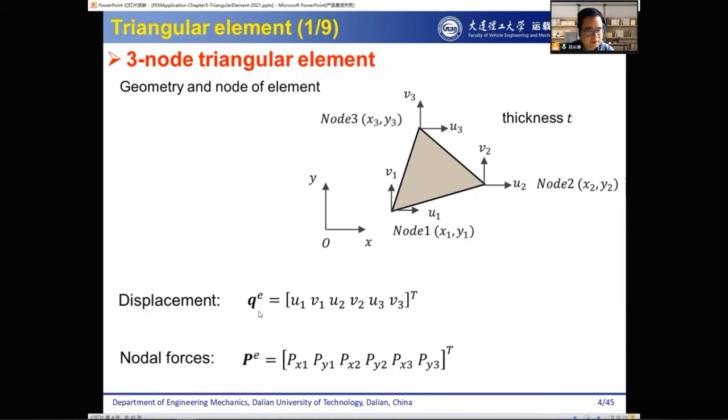It has 6 components, which are the degrees of freedom of each node. And the node forces also have 6 corresponding components. For example, px1 corresponds to u1, py1 corresponds to v1. So this is the displacement vector and the force vector.